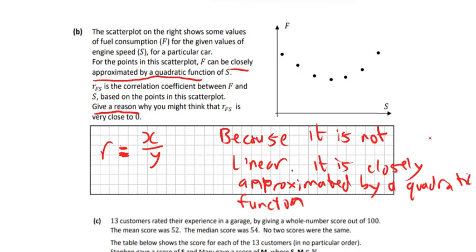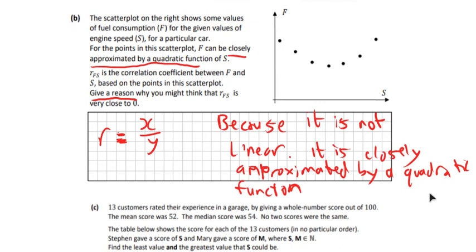So that's the reason, really. It's because it's not possible, so it has to be very close to 0.